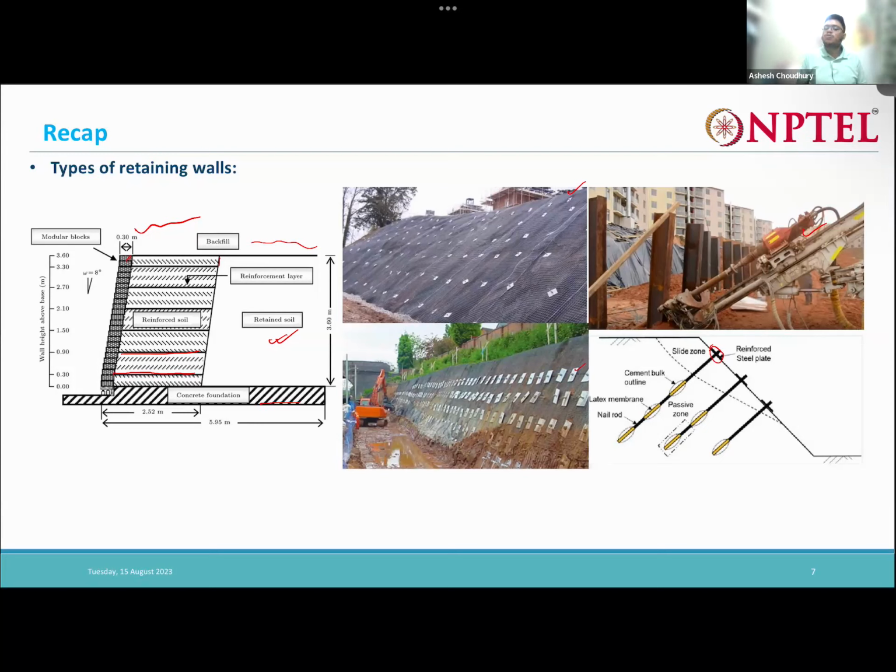Here you can see that without these nails, this soil would fail along this slide surface. But we are reinforcing the soil with the help of soil nails, which strengthen the soil and thus reinforce the slope. And this face you see is covered with some net-like structure, maybe a geosynthetic. This is just for the facing, so that debris doesn't fall.